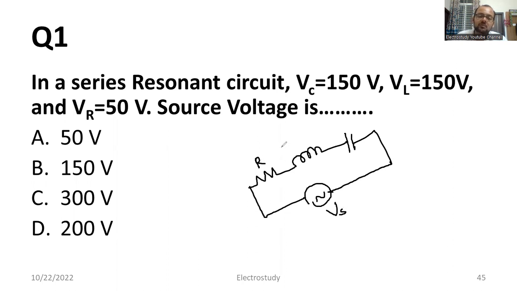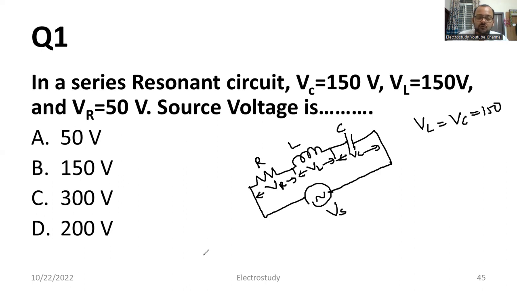We have an RLC series circuit. The voltage across the resistor is VR, the voltage across the inductor is VL, and the voltage across the capacitor is VC. According to the question, VL equal to VC, which is equal to 150 volt.